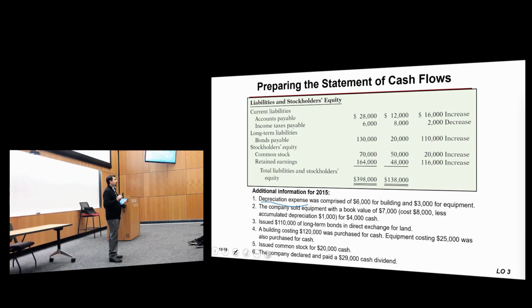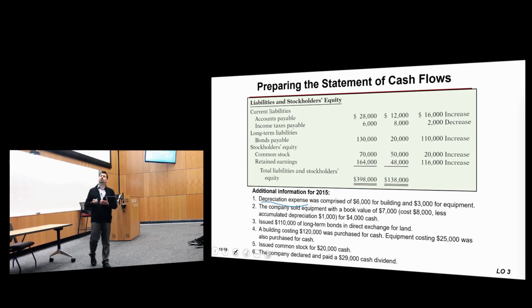But gains and losses are not really real when you think about it as cash. What do you have? You don't have something that's called gain. You have cash inflow and cash outflow.